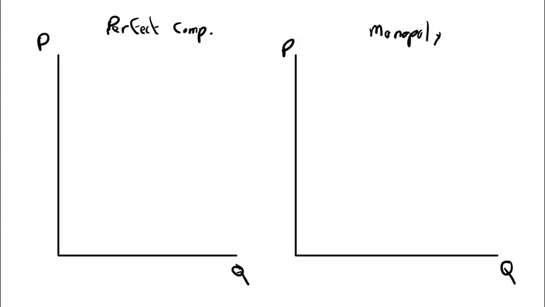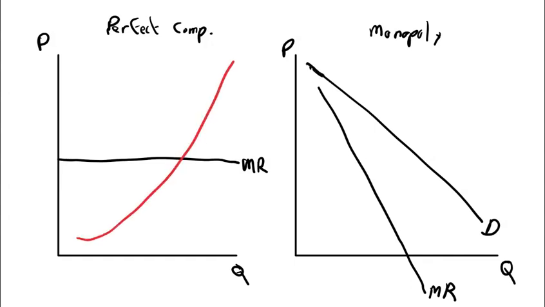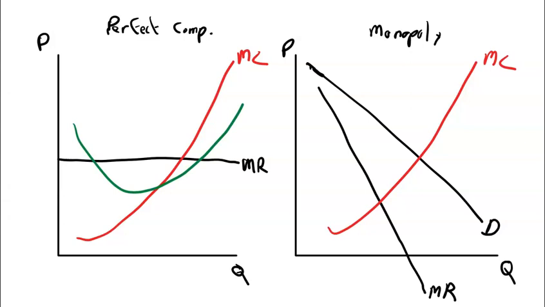Perfect competition did not have a demand curve. We had a marginal revenue curve like this. But in monopoly, there was a demand curve of the market, and the marginal revenue curve was downward shaped like that. We have a very similar marginal cost curve, which goes like that. And we also have an ATC curve, which was similar shaped.